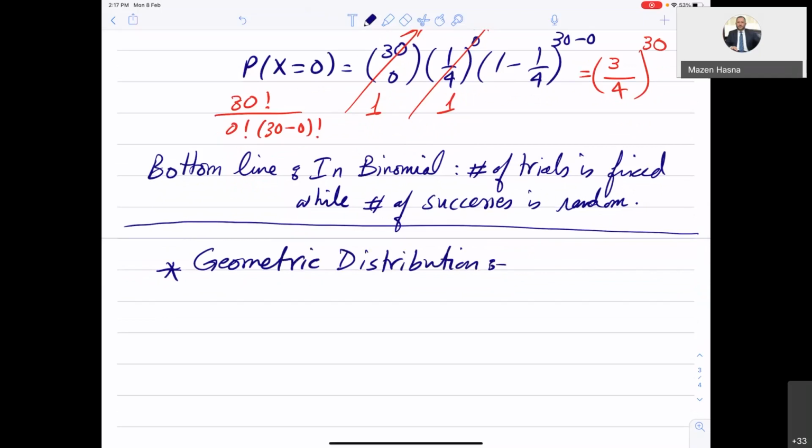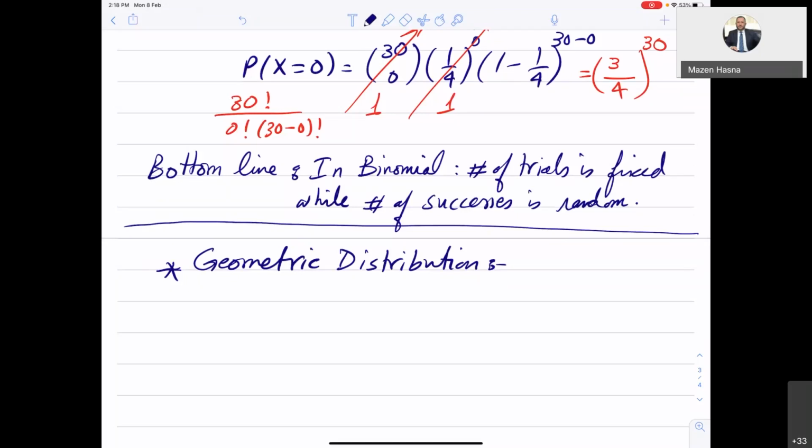Which is not exactly the opposite of binomial. The opposite of binomial is a distribution that we will not cover, if you want to look at it, which we call the negative binomial. And geometric is a special case of the negative binomial distribution. In the past, by the way, the probability course used to cover more material, and when I taught this like 10 years ago, we used to cover 2 other distributions, the negative binomial and the hypergeometric.